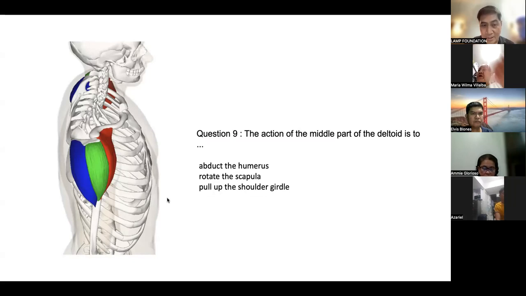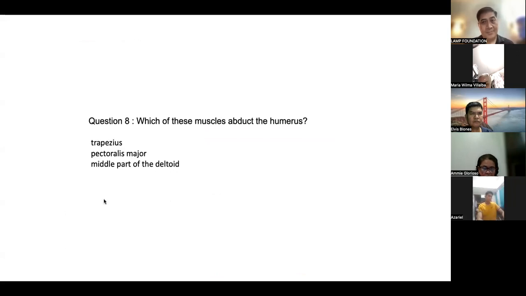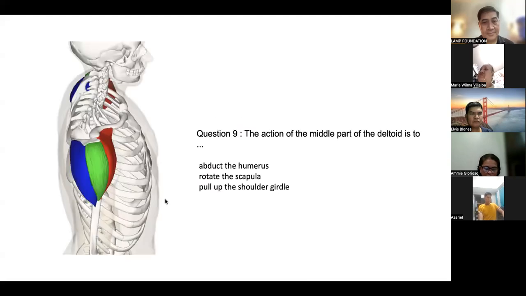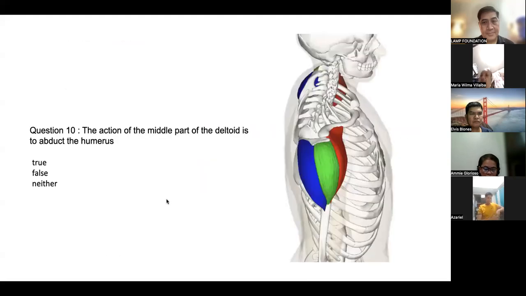Okay, correct yung answer mo dito? Bakit mali ka dito? Ang number 8, Doc, which of the muscle abduct the humerus is trapezius? Okay. The action of the middle part of the deltoid is to abduct the humerus. True or false? True. Okay.